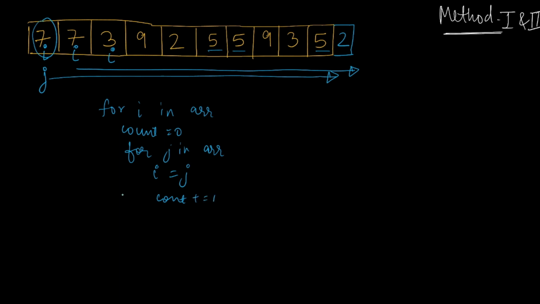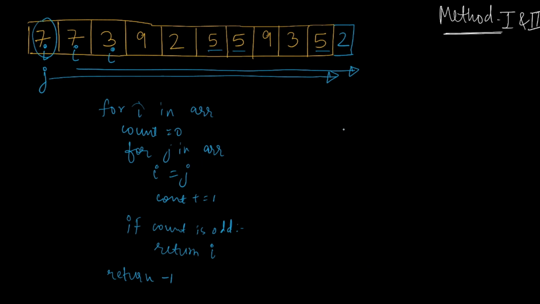And after this loop, we're going to check if count is odd. If it is odd, then we're going to return that number, that is i. If we haven't got any number that is odd, we're going to return -1. Okay, so this is it.